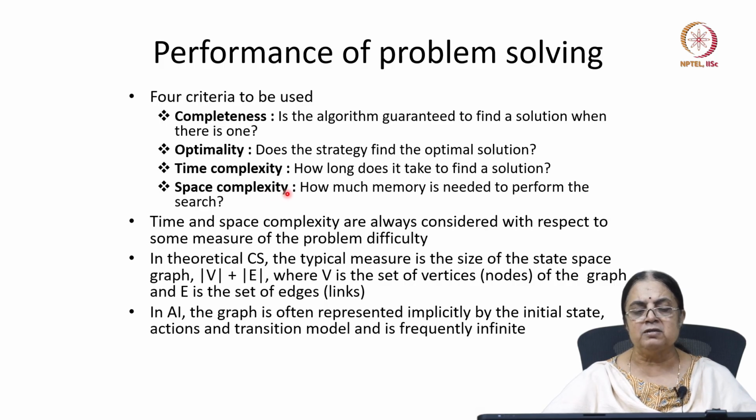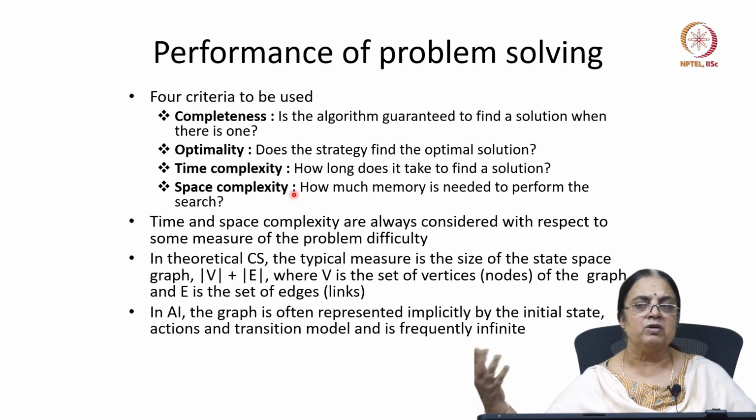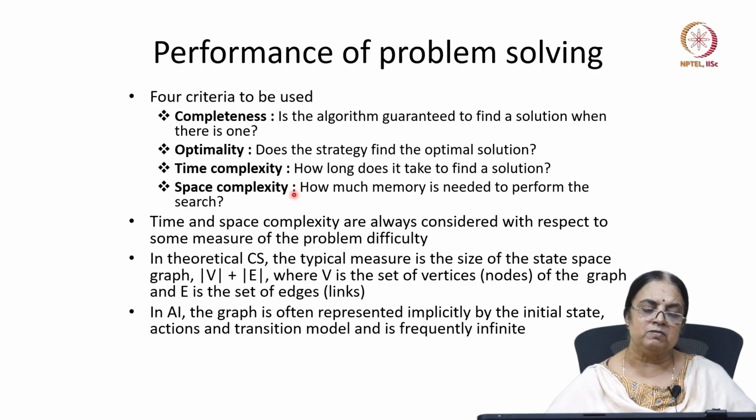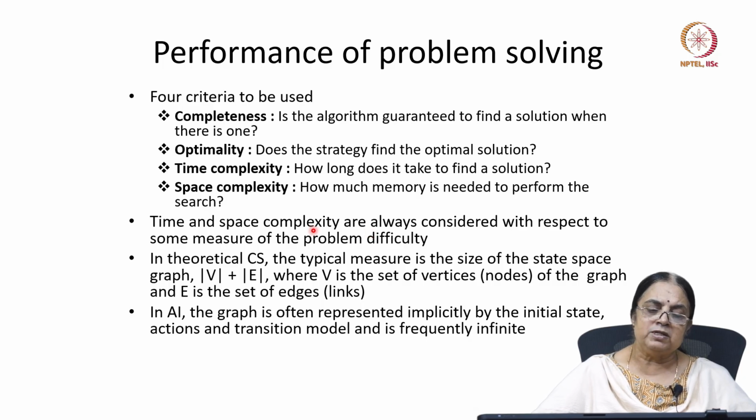And in some cases, space complexity is very important, because you find that for some exponential strategies, if your problem is really big, the storage you require may go into things like petabytes, etc., which makes it very difficult to use. So the time and space complexity are very important for big problems basically.